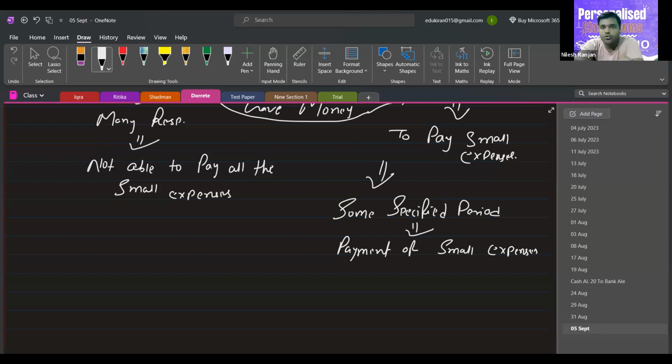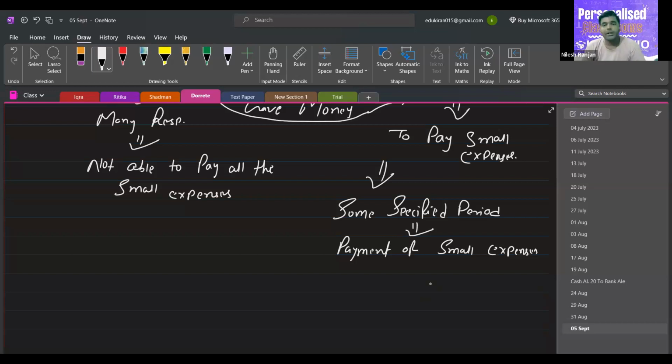And the senior accountant doesn't have enough time for these kinds of expenses. So in the beginning of each month or every specified period, the senior accountant will give money to the petty cashier. And the petty cashier will pay all the expenses during that specified period.